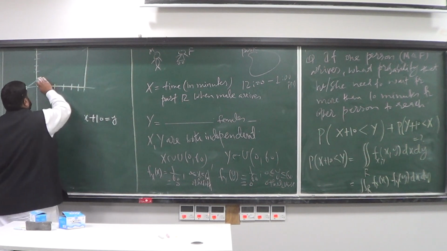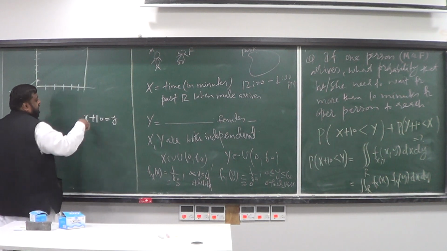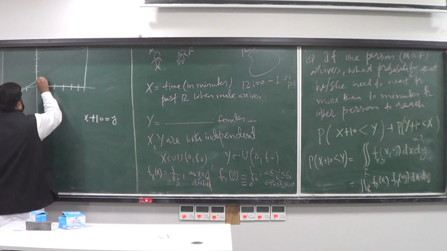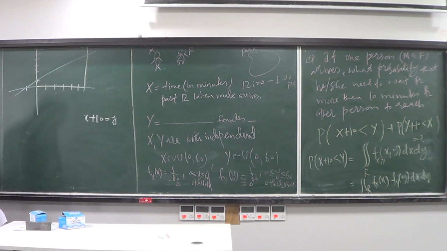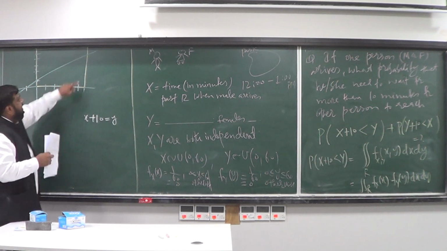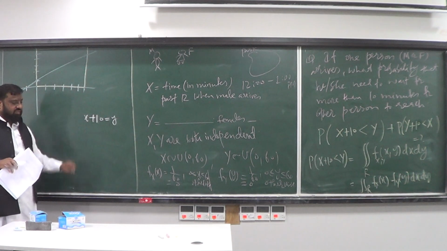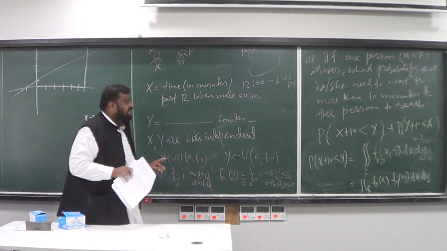This is a bit misleading actually. It is not necessary that it should pass through 60-60, because 60-60 is not going to satisfy the equation. So the curve may go like this, passing through some other point, not 60-60.